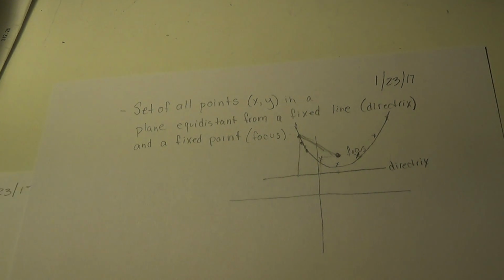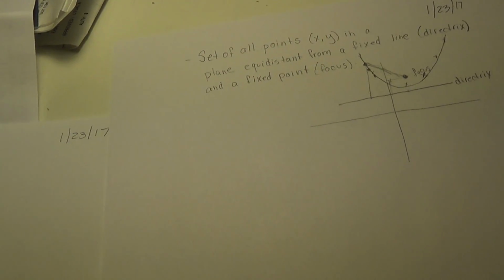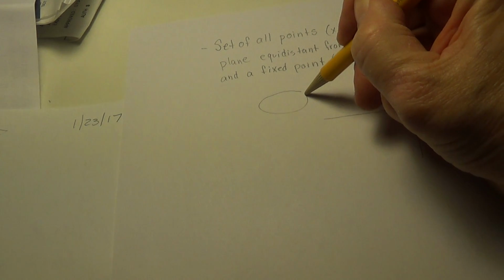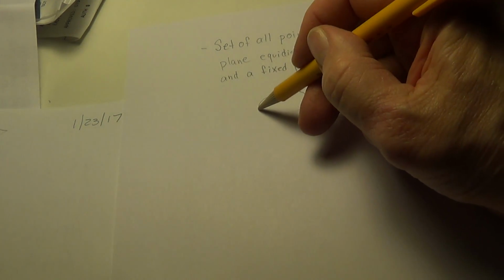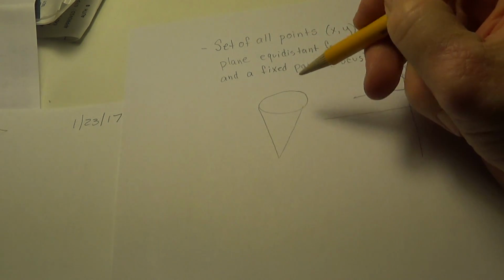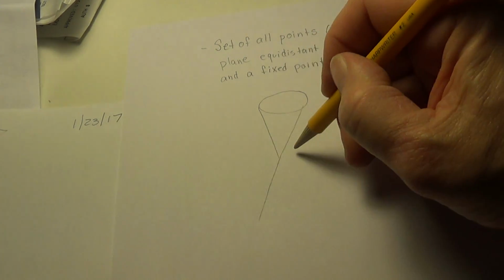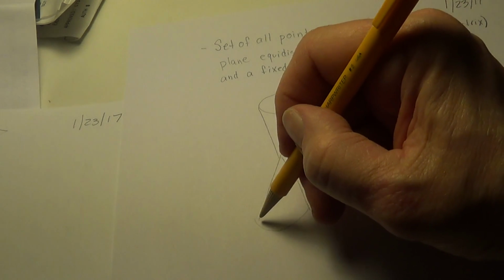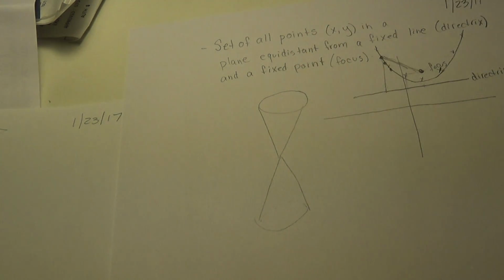It is also, remember, one of our conic sections. It is also visible when you have a cone balanced on, I guess, an inverted cone, like that.